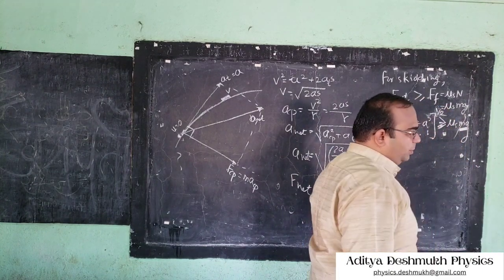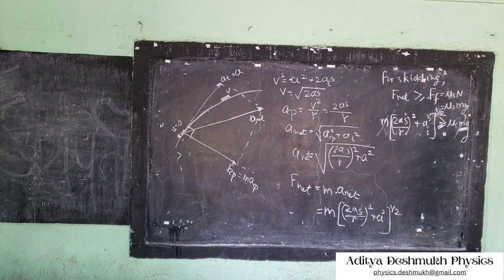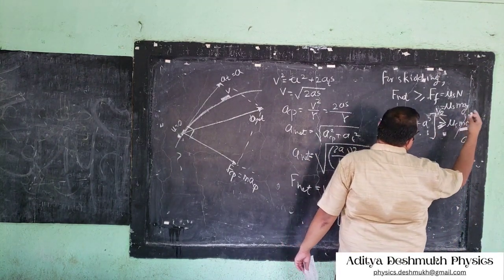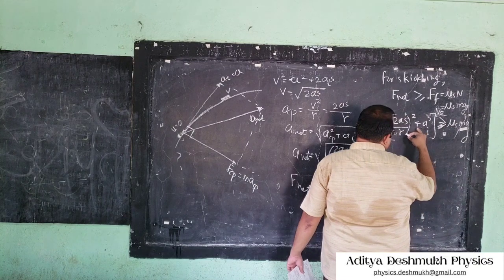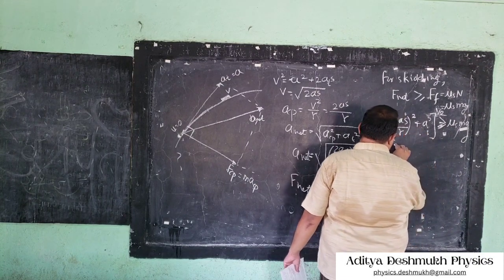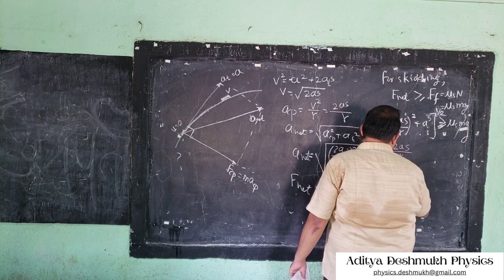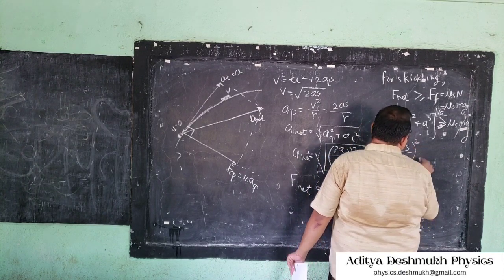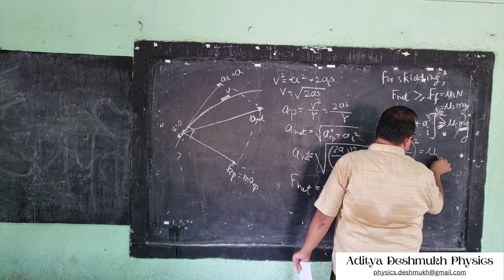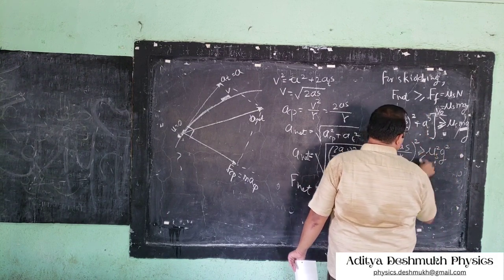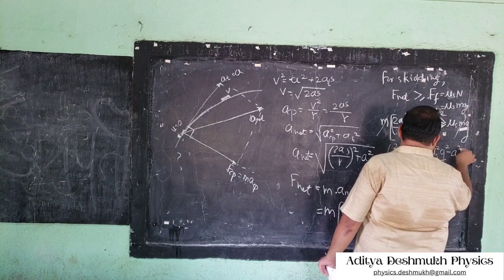So let's first of all take the square of this equation. So this will be mu_s square into g square. I can take this a square to the other side, so I will get (2as by r) whole square equal to mu_s square g square minus a square.